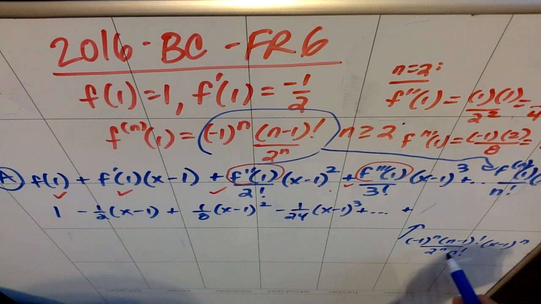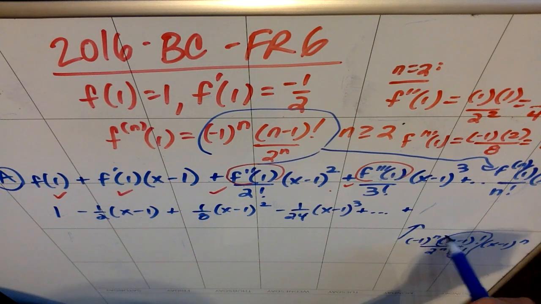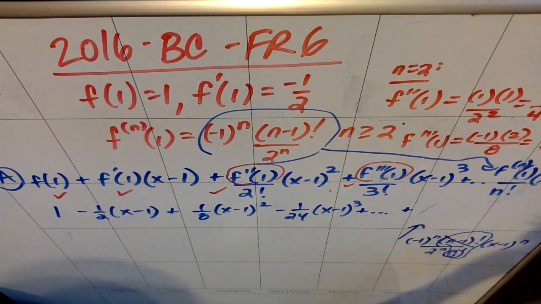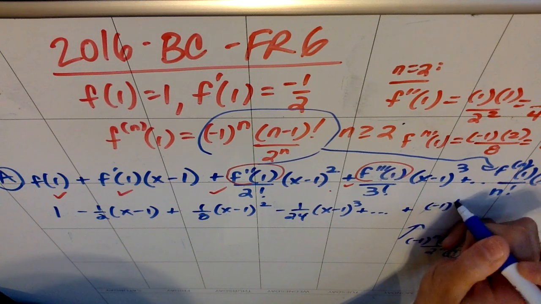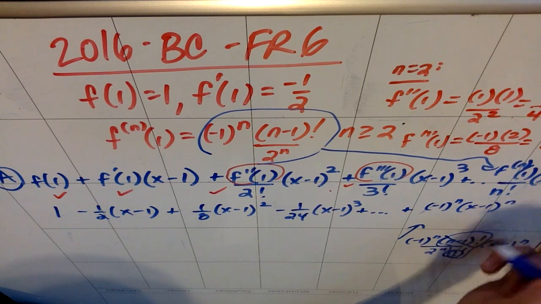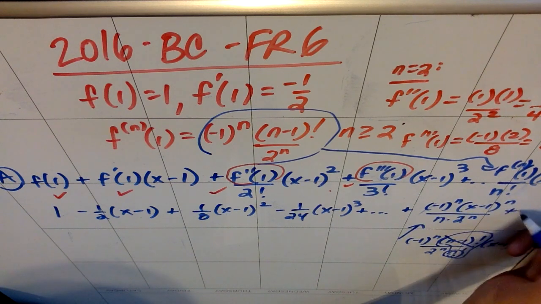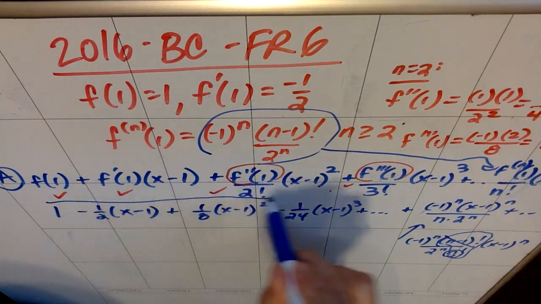The only things that cancel here are these factorials, and everybody but the n on the bottom is going to cancel, because n factorial means n times n minus 1 times everything below. So this whole top factorial cancels, and I just get an n on the bottom. So I end up getting negative 1 to the n times x minus 1 to the n over n times 2 to the n. And that's my long answer for part A, right?